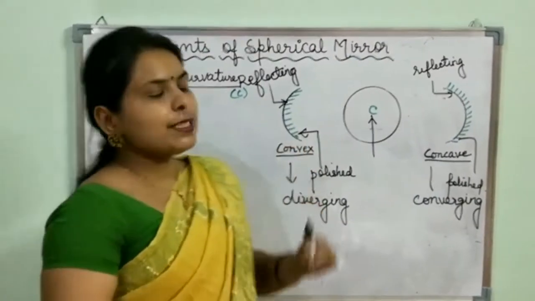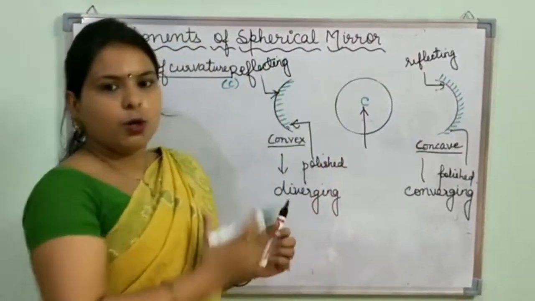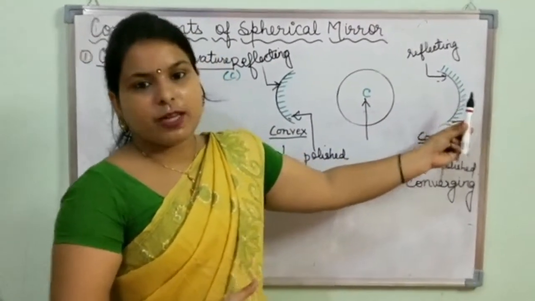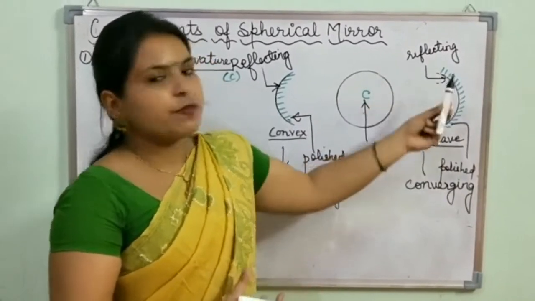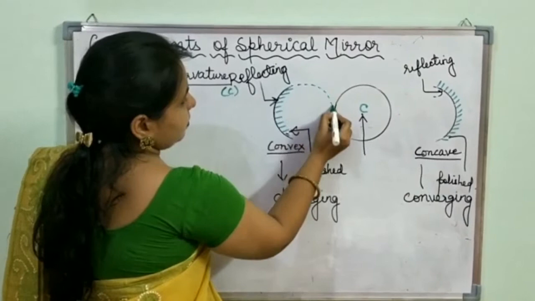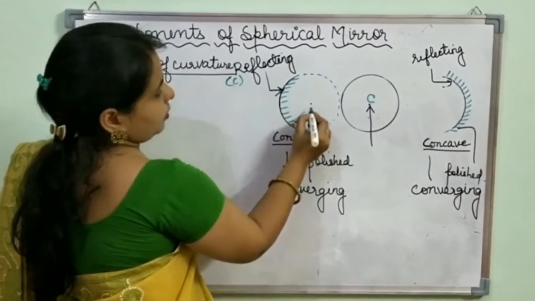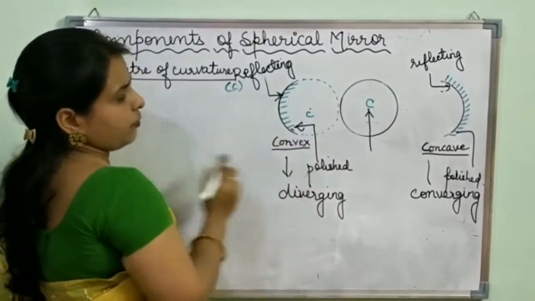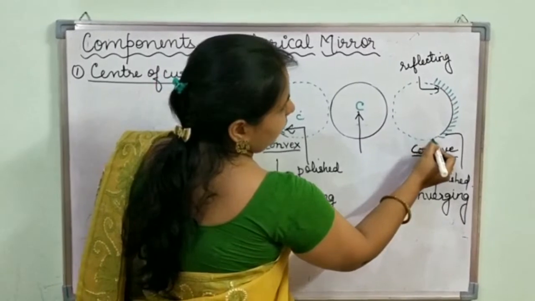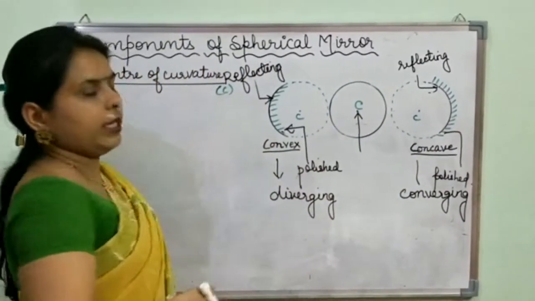So what is the center of curvature? It is basically the center of that hollow glass sphere from which you have cut the spherical mirror, of which the spherical mirror is a part. If you complete this mirror, it will become a sphere like this and it will have a center. This will be the center of curvature of the convex mirror, and if you complete this one, it will have a center, and this is the center of curvature of this concave mirror.